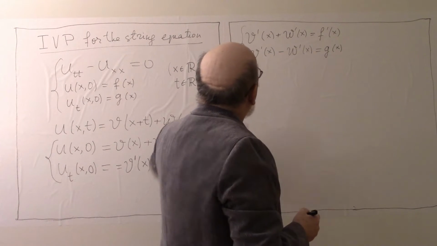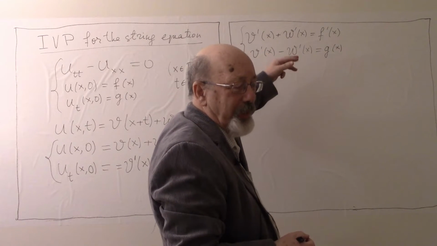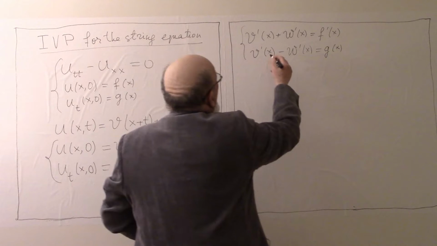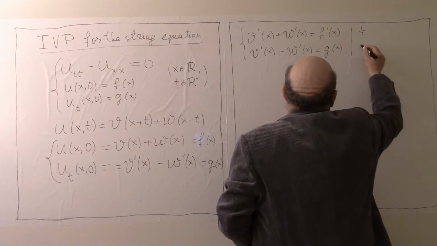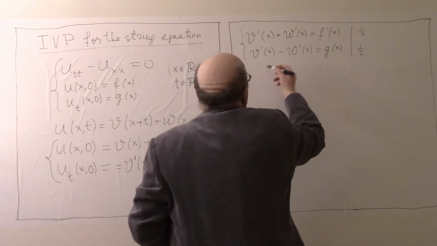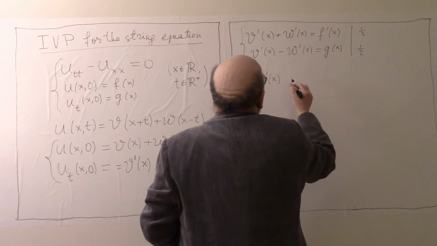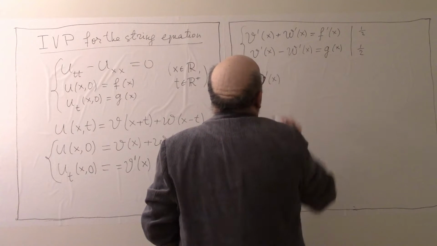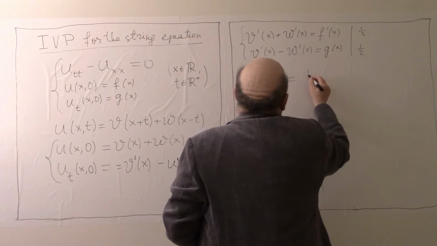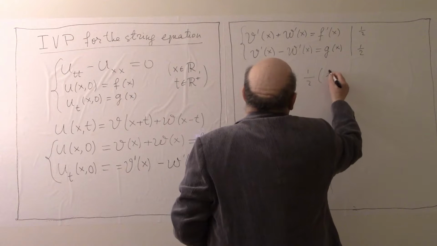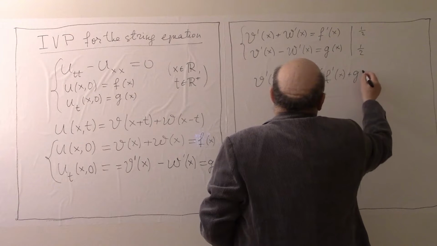So for any x, we have the sum and the difference of v prime and w prime at this point. If you multiply each by 1/2 and add up, then w prime cancels and you have v prime of x equals 1/2 times f prime of x plus g of x.